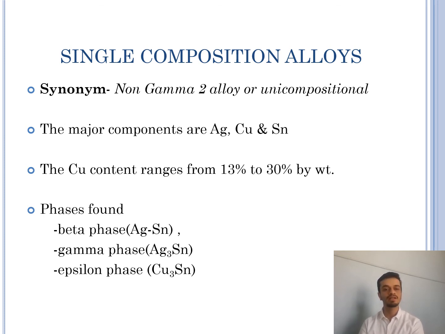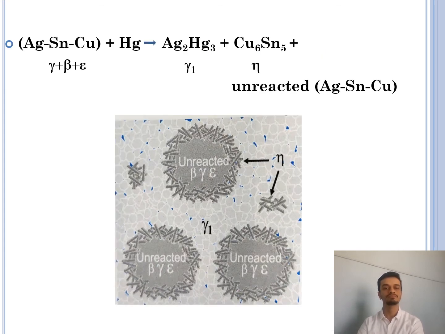The copper content ranges from 13 to 30% by weight. The reaction we can see here is that when silver, tin and copper, that is eutectic, is mixed with mercury, we see the reaction products in the form of gamma 1 and Cu6Sn5 phases along with unreacted silver, copper and tin.